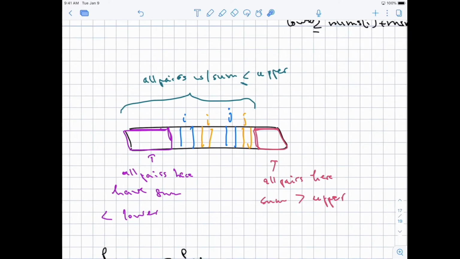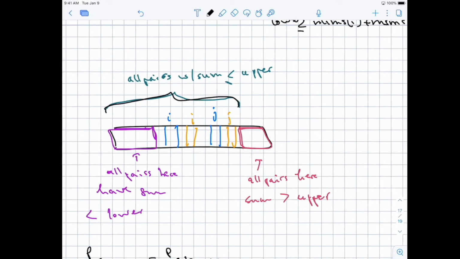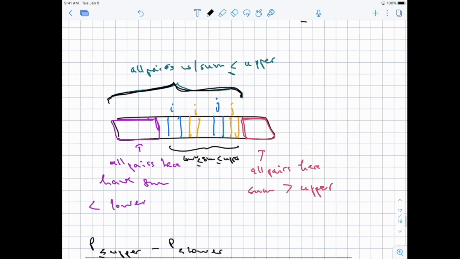If we assume that, then we know that this portion here is all the pairs that have the sum smaller than or equal to upper, because they go up to the start.